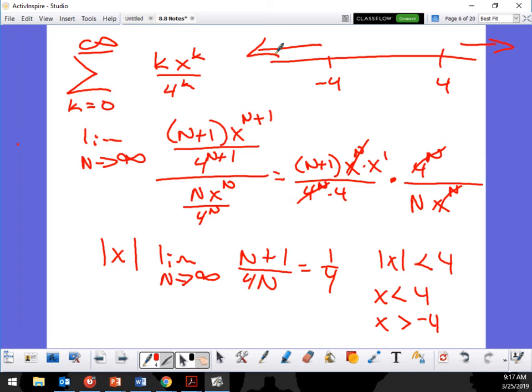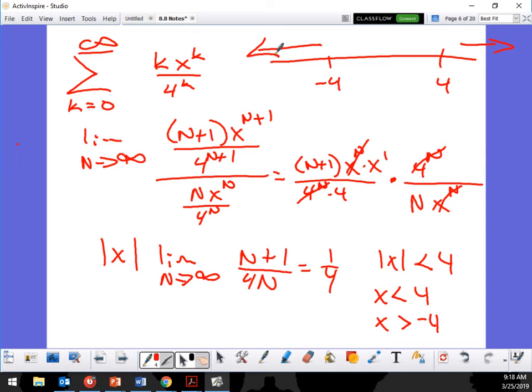It's not a complete fail, it just doesn't give me any information. So for this one, we can't conclude anything from here. The same thing is going to happen for -4. If I put it in, it's also going to give me no information.